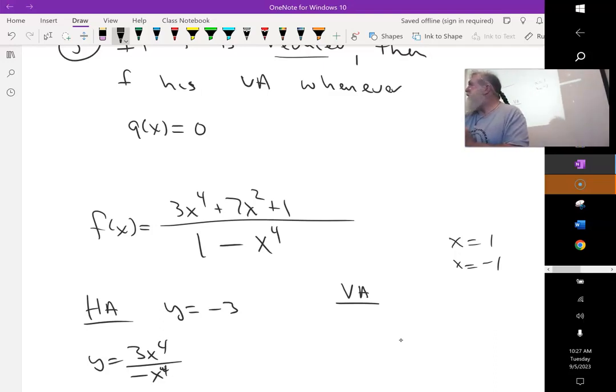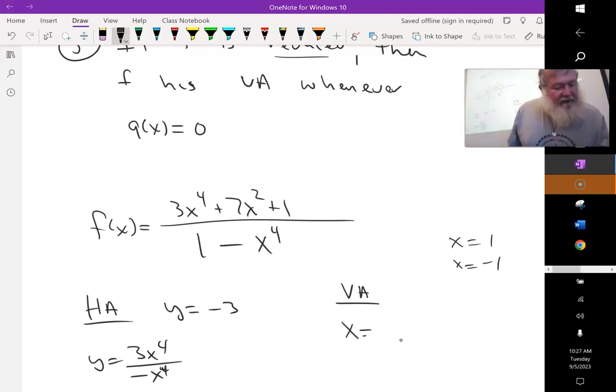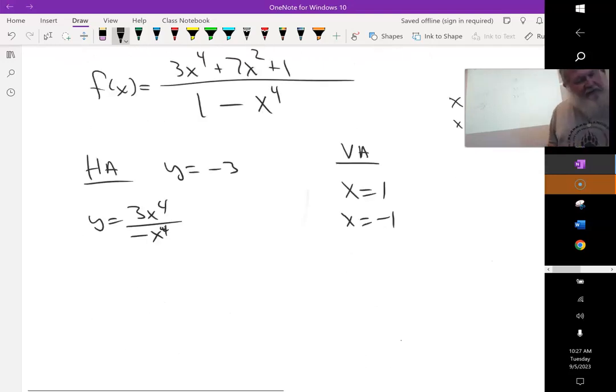It is. If that happens, numerator is not 0. Constant over 0. What do we know there? We have vertical asymptotes at x equals 1, x equals negative 1. There's not a lot of work. We want to be able to just say, hey, I have a rational function. I know everything about rational functions for left and right hand behavior and vertical asymptotes.